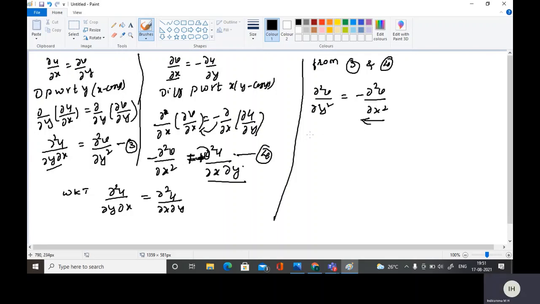If you take this to the LHS, ∂²v/∂x² plus ∂²v/∂y² is equal to 0.